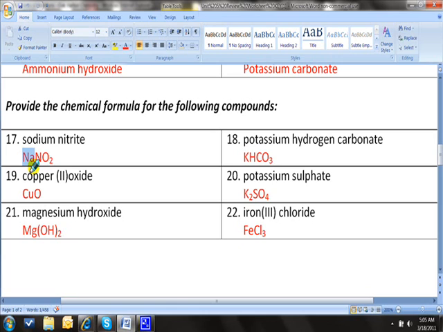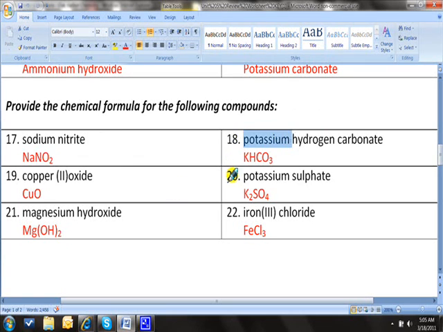Sodium, and you say, that's Na, it is a charge of +1. So if I'm going to put that with nitrite, nitrite is, I look it up on my common ion sheet, unless I'm memorizing them, and I go nitrite, NO2 -1. +1 and -1 add 0, so that's great. 18.